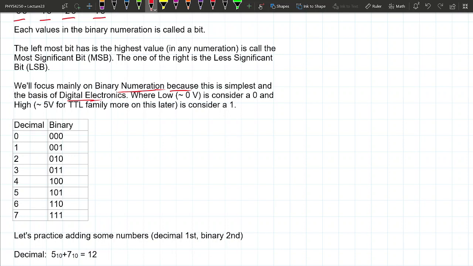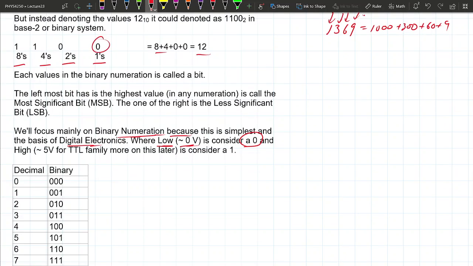Where low means maybe around 0 volts, and that's considered a binary 0. Or it could be some sort of high level of the voltage, meaning like maybe 5 volts, and that represents a 1 in these places.